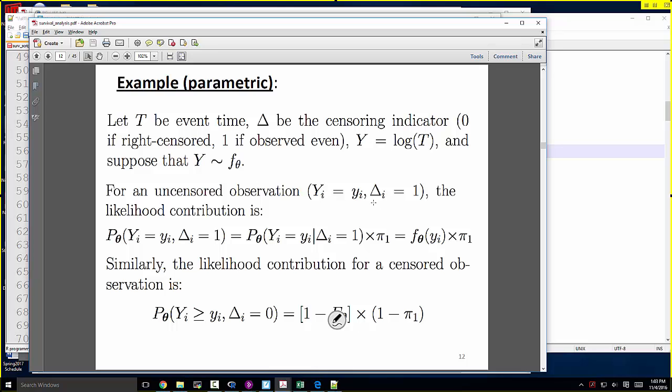So suppose we have an uncensored observation. Log event time was observed to be Y sub i, and because it's uncensored, delta i is equal to 1. What should be the contribution to the likelihood for that type of individual?